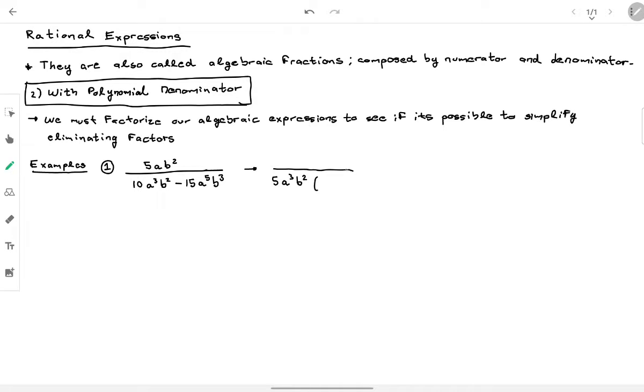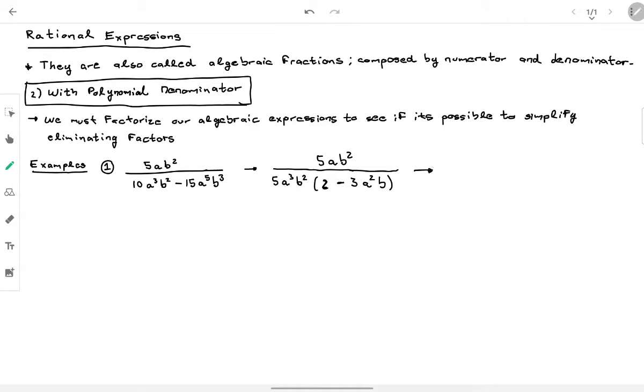If I take out the 5a cubed b squared, the 10a cubed b squared is only multiplied by 2. The minus 15 is going to be multiplied by minus 3. To become a to the 5, we need a to the second. To become b to the third, we need that b here. The numerator will be 5ab squared.